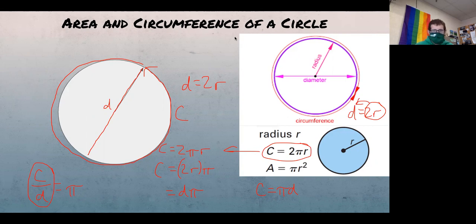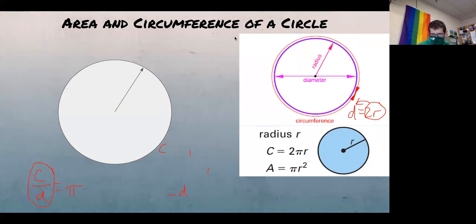Okay, so the upshot of all this is that we have a few formulas to remember. I can get rid of everything here, except I want to remind you that these formulas, kind of like yesterday when we were looking at the triangle formulas, it's your choice which one you prefer. When we were looking at the area of a triangle, you could have done base times height divided by 2, or 1/2 times base times height.